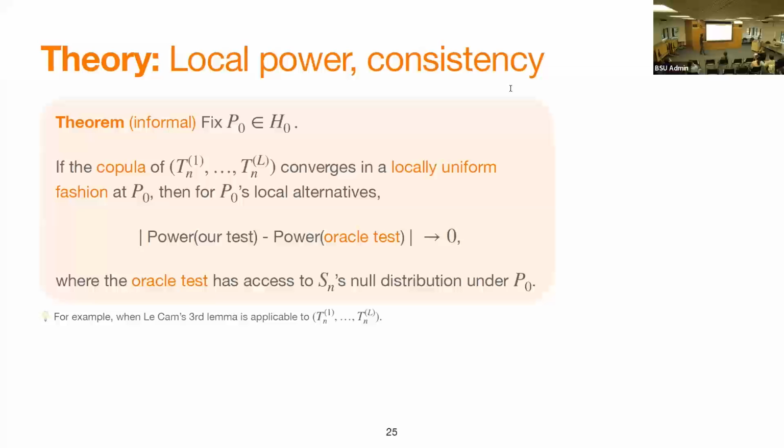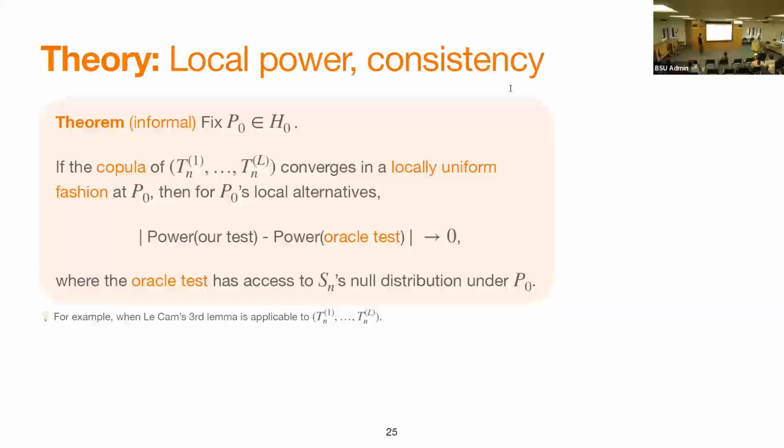Okay, so this is a formalization. Suppose I fix a null sampling distribution P naught. If in the neighborhood of P naught, the copula of the statistic vector converges in a locally uniform fashion, then along P naught's local alternatives, the power of our test is asymptotically no different from the power of an oracle test.